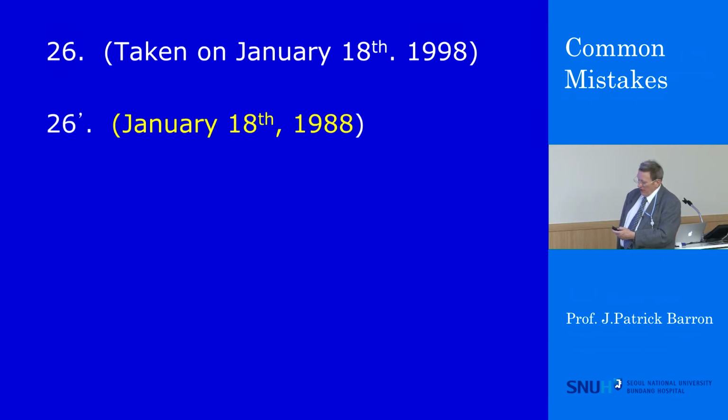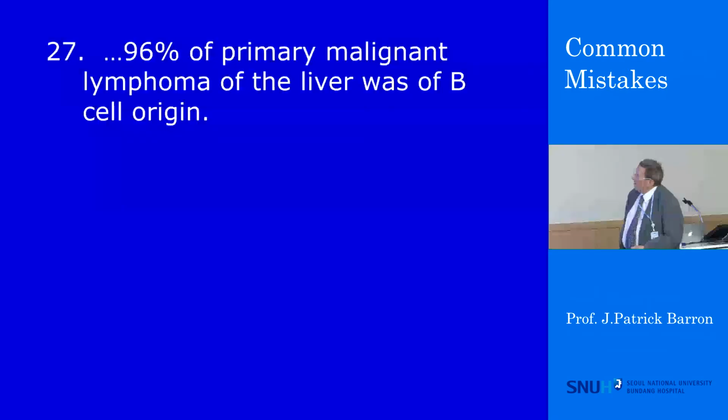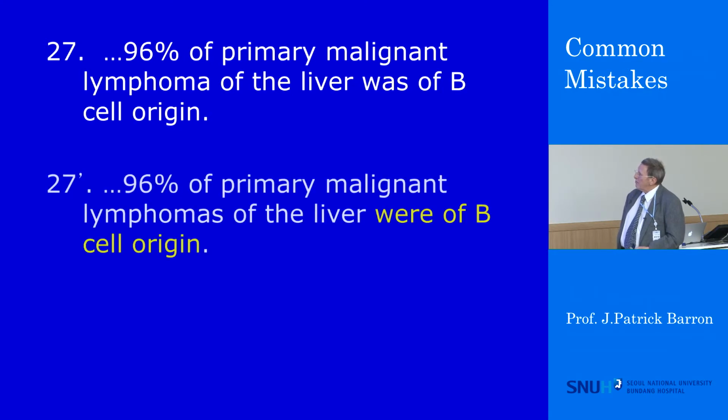You don't need to say taken on, just January 18th, 1988, and you don't need a period, just a comma. 96% of primary malignant lymphoma of the liver was of B-cell origin. I would tend to use the plural: lymphomas of the liver were of B-cell origin.